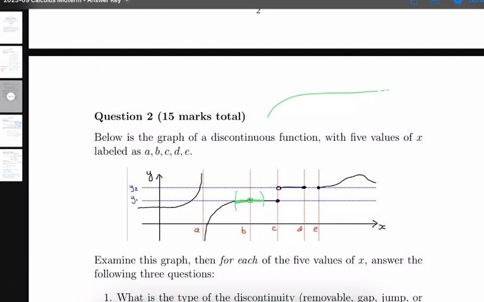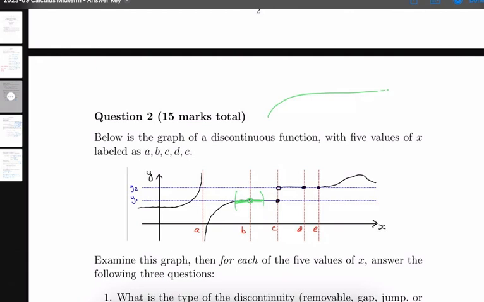I was wrong on the exam. I wrote gap, and then we might be right. When I wrote the exam, I put removable, gap, jump for infinite. Then when I was checking, I said I better make sure I'm marking correctly. In my mind, when I wrote the exam, I thought gap and jump were the same thing.